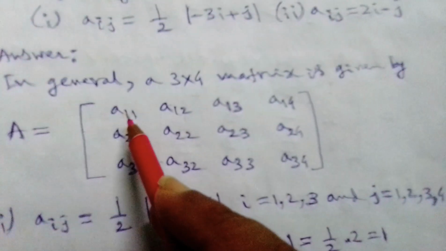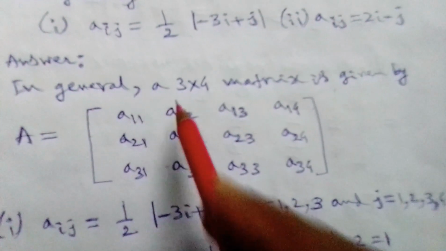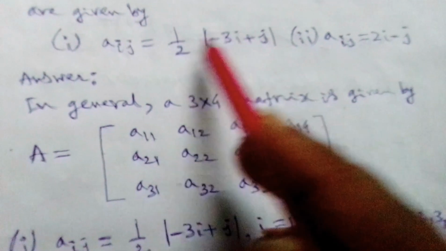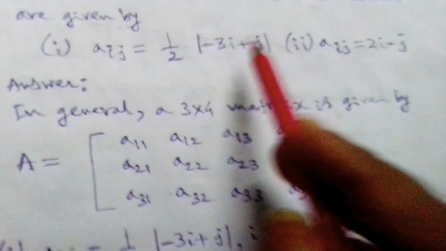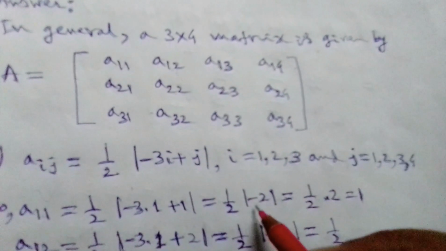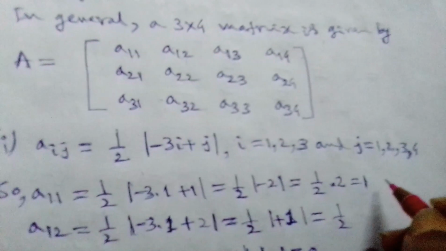First one is Aij. So selectively we find all the elements, like this A11. So i will be 1 and j is 1. So A11, if we substitute this value, is half of mod of minus 3 into 1 plus 1, that is half of mod of minus 2, and certainly it will be positive, so the result will be half into 2, that is 1.